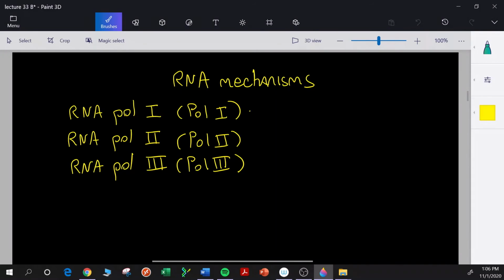Now, the primary RNA types transcribed by each of these RNA polymerases are, for RNA polymerase 1, most of the ribosomal RNAs. So these would be the 18 Svedberg, the 5.8 Svedberg, and the 28 Svedberg ribosomal RNAs.